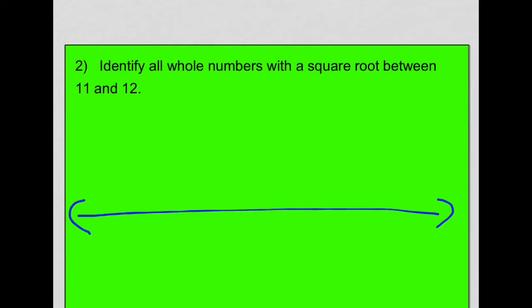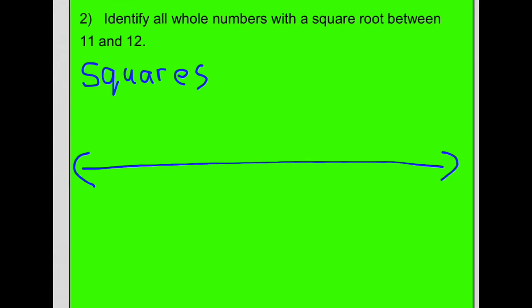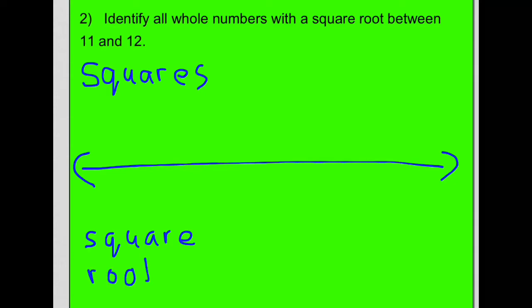And let's make sure we know what we're working with. So the top of our number line will be squares. And the bottom will be square roots. And let's look at what we have.